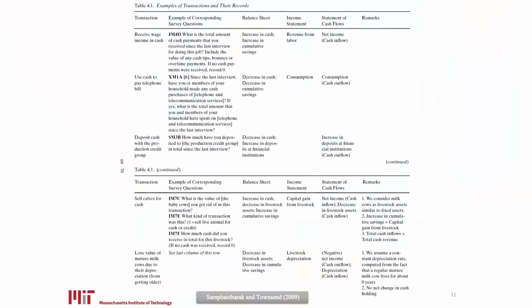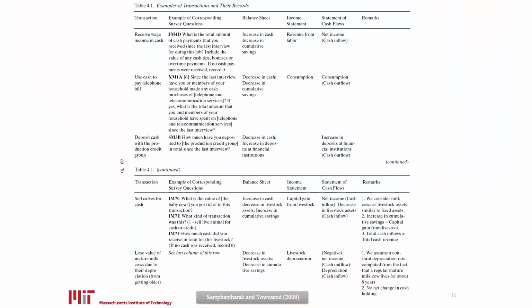Okay, where does it enter? Cash is an asset, so it enters as a change in the balance sheet. It's also revenue received for supplying labor, so that enters on the income statement. The same transaction also enters on the third account, net income from cash inflow.